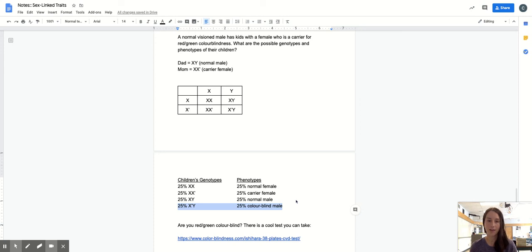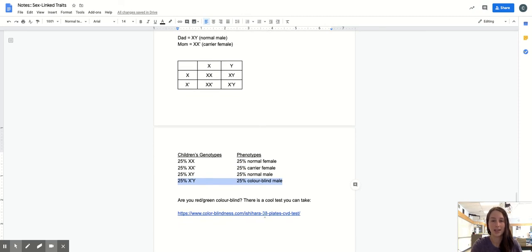More males have hemophilia than females. And that is just because of the way that you inherit sex chromosomes. If you don't have that backup copy, if you don't have that redundant DNA, it's more likely that you're going to express that trait. And then, yeah, take this colorblindness test.